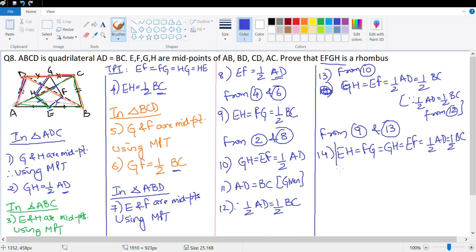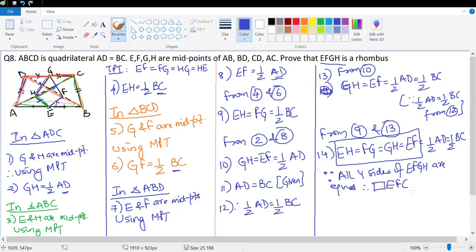So now I have got all four sides equal. Since all four sides of EFGH are equal, therefore quadrilateral EFGH is a rhombus. That's what they wanted us to prove. We've proven that this is a rhombus.